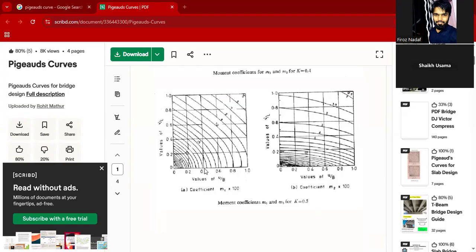It will be here. So you need to draw the perpendicular line from the x-axis and the line from the y-axis corresponding to those values. And somewhere near 9, those curves will be intersecting. So at 9 curve, you'll be getting the intersection.